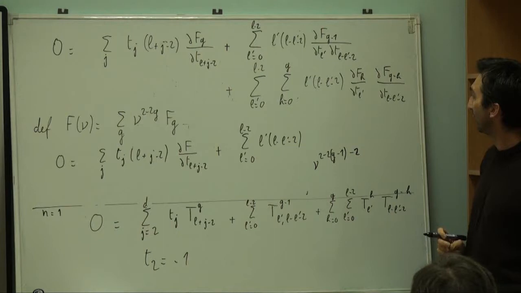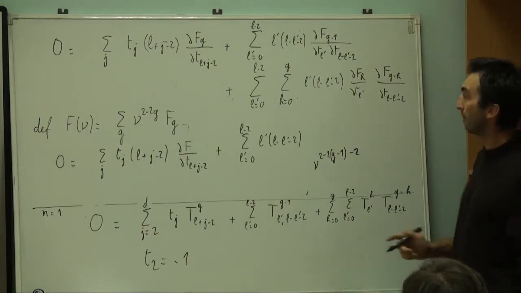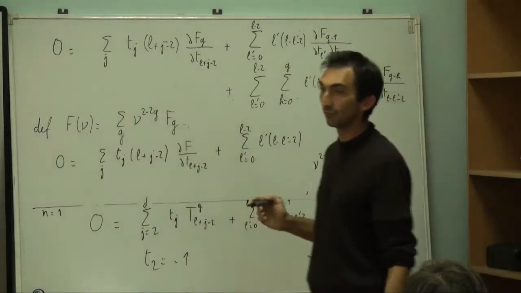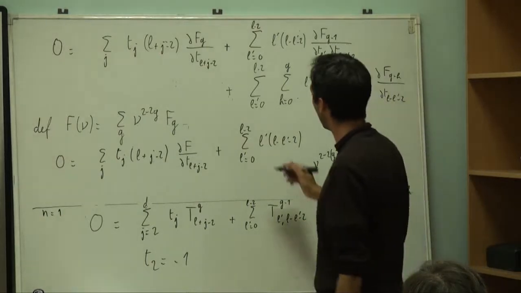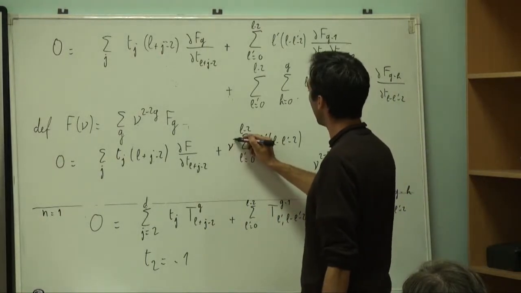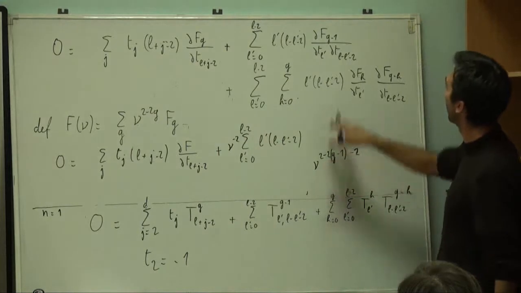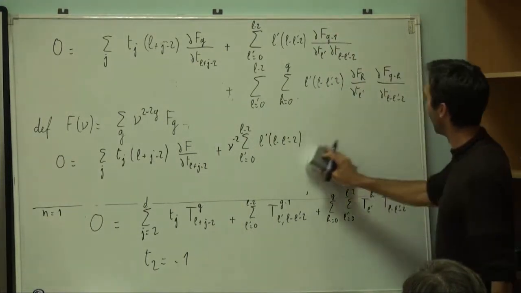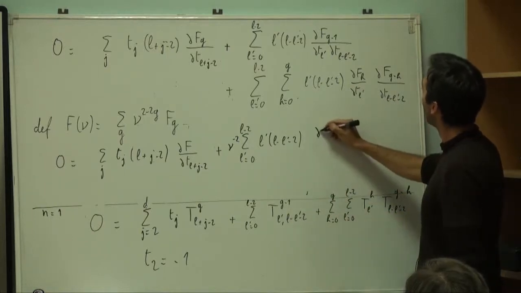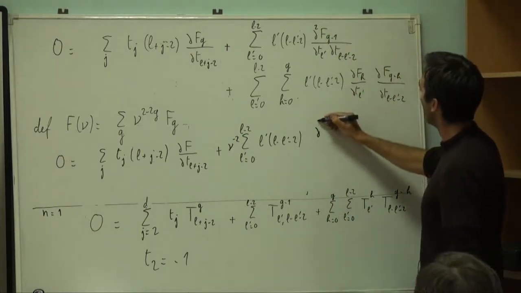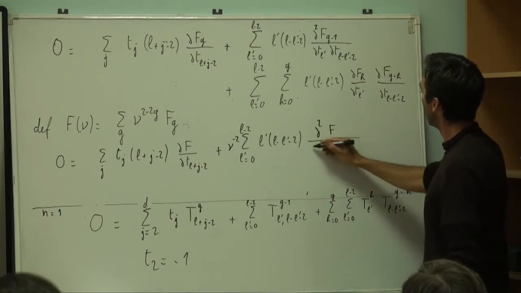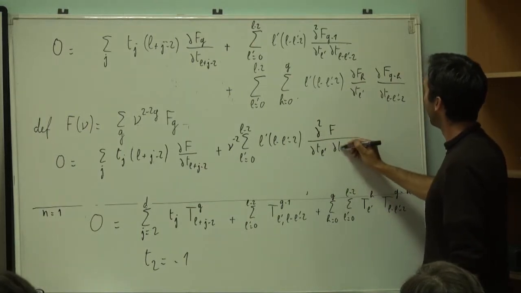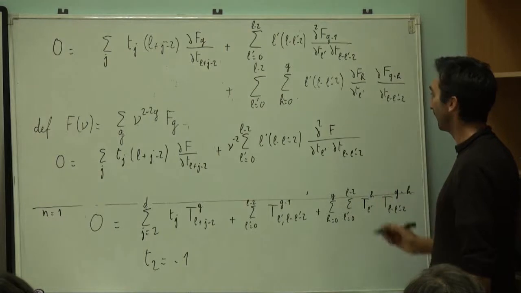Nu is just a formal parameter which I use to define this function, this series. So here we see that we have nu to the minus 2 times exactly what we need to make f. So let me erase that. It was a d2 f over dt l prime dt l minus l prime minus 2.